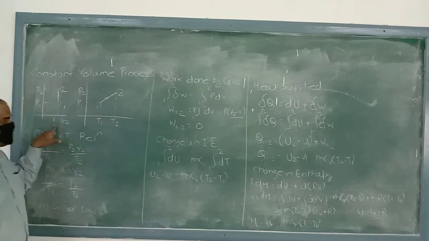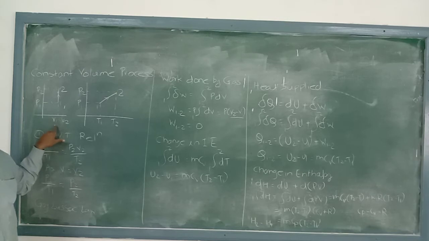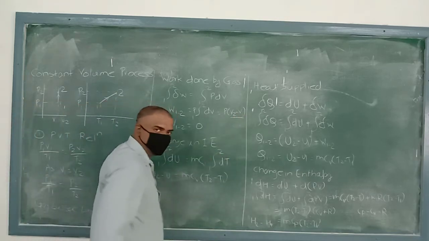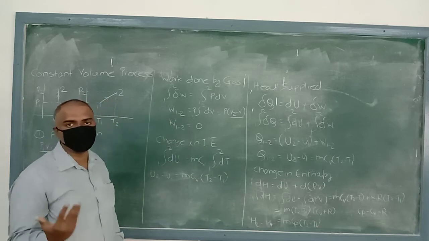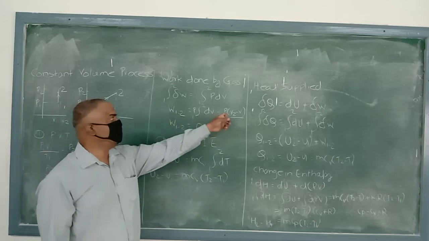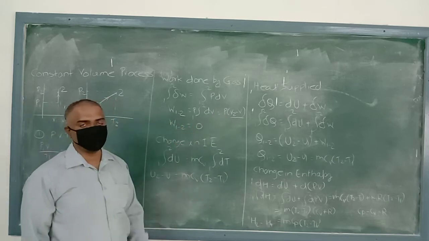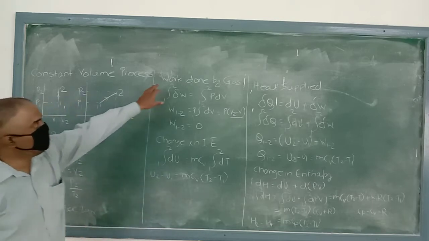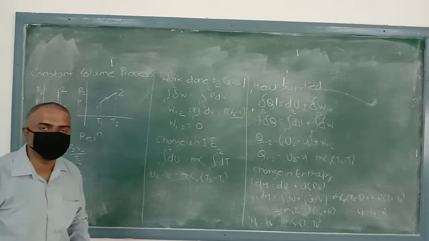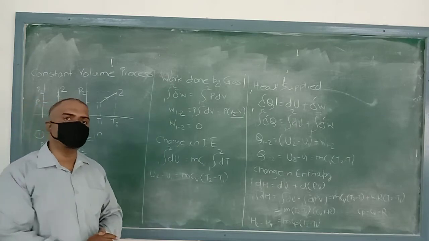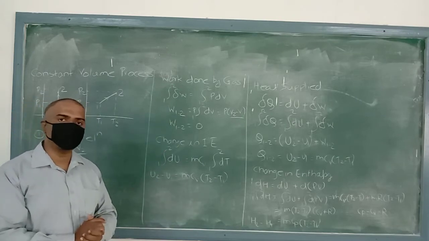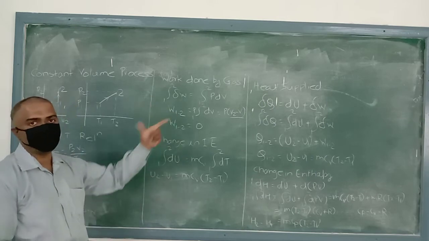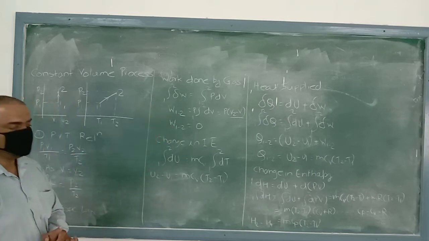But in this case V1 is equal to V2, so this term becomes 0. V2 minus V1 is equal to 0. So W1-2 we are getting as equal to 0. So the work done by the gas during the constant volume process is equal to 0. So we have derived W12 is equal to 0.